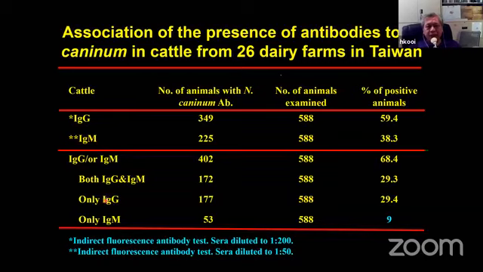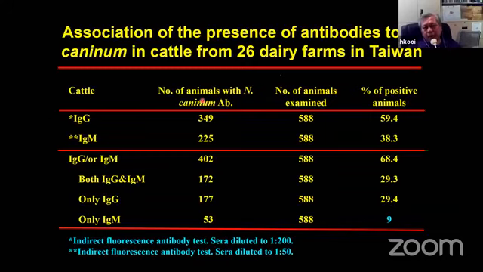And from here, we can see that for cattle, this is Neospora, 29% only have IgG, and 9% only have IgM. What does that mean? It means that if you only do IgG, you'll only be getting about this much, 58%, but you'll be leaving out this 10%. So you need to do both IgG and IgM.